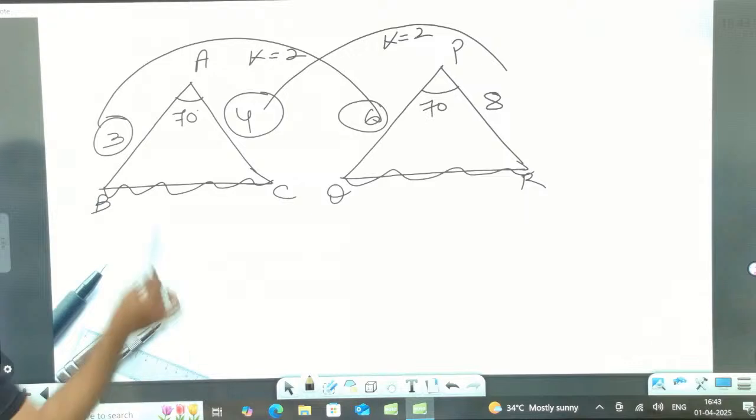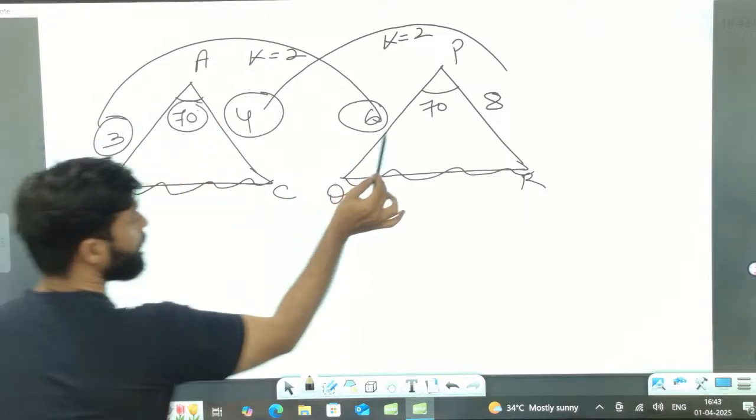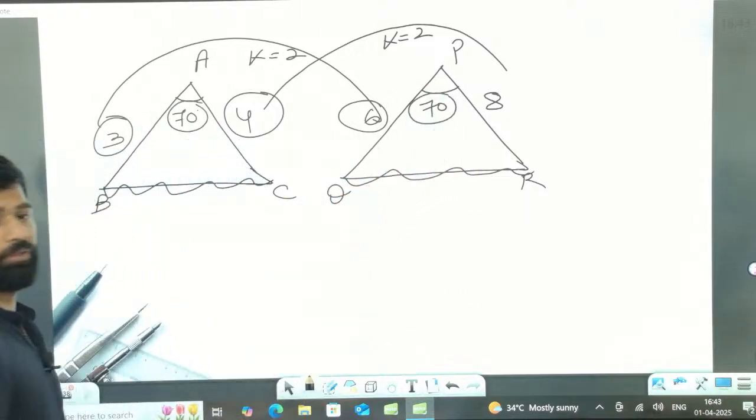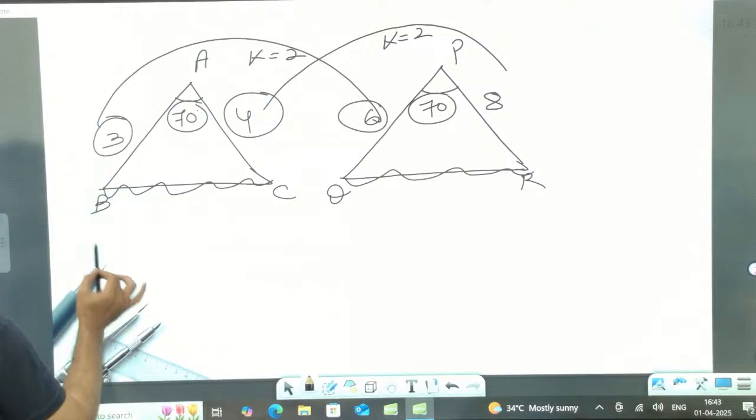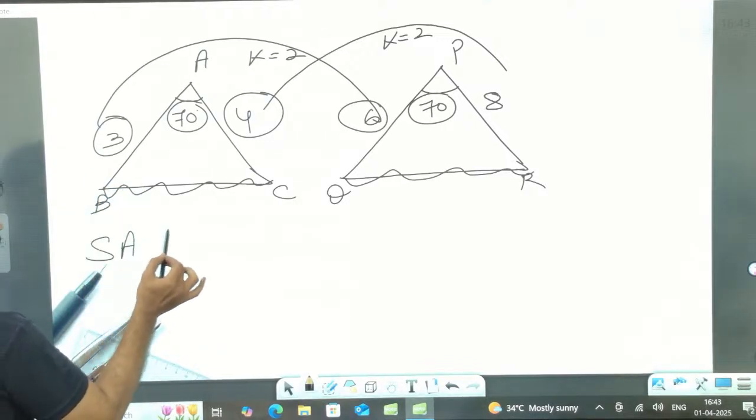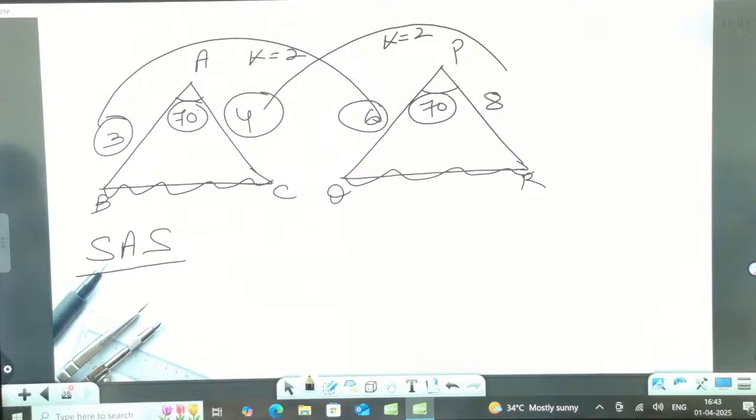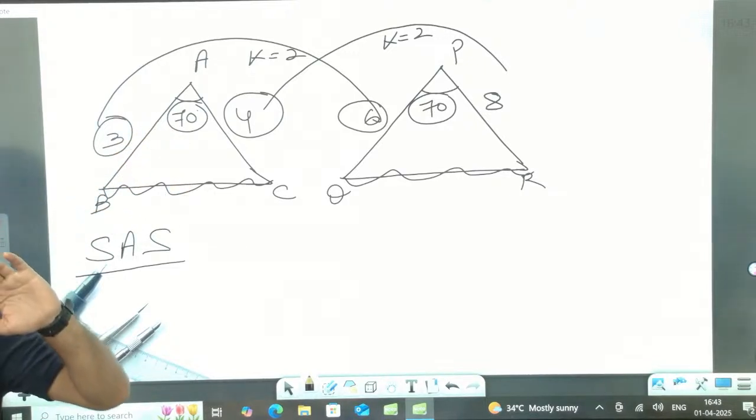Now the angle between these two sides is 70 and the angle between these two sides is also 70. So this is side angle side. So you will have the same opening. I'm talking about angles. Same opening.